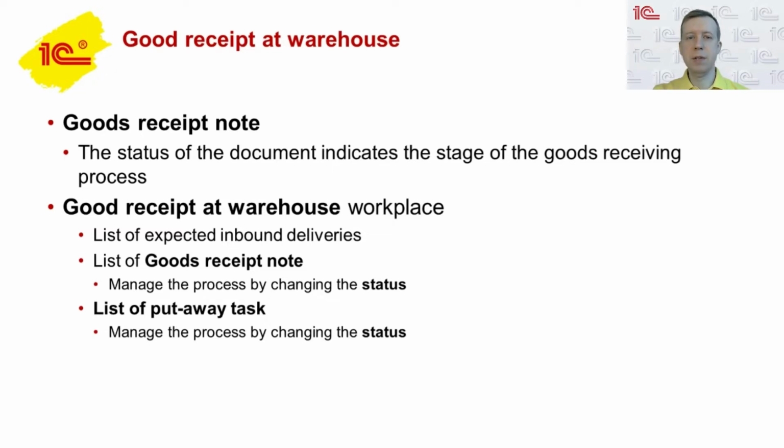In case of using the bins for storage of remaining goods, warehouse keeper additionally creates put-away jobs, and warehouse workers pick goods from receiving area in warehouse and move them to certain storage bins according to this job.